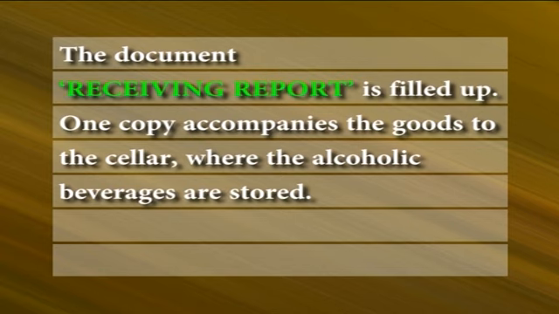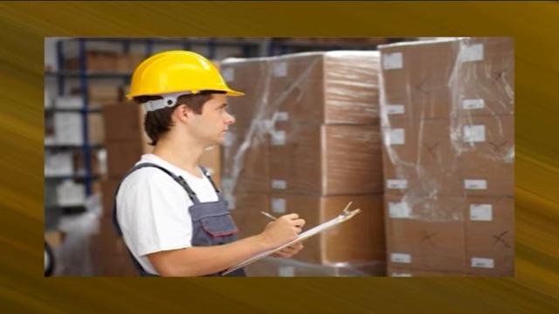The document receiving report is filled up. One copy accompanies the goods to the cellar where the alcoholic beverages are stored. In the cellar, the stock is checked against the receiving report from the receiving department. Only when the cellar personnel is satisfied with the information found in the receiving report does he acknowledge the receipt of the goods.